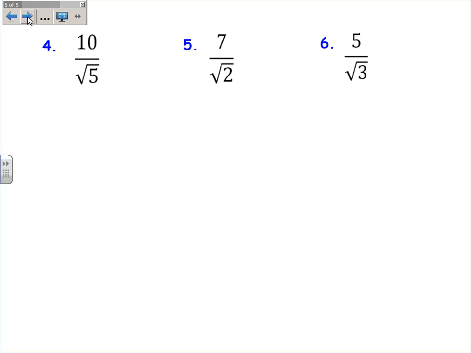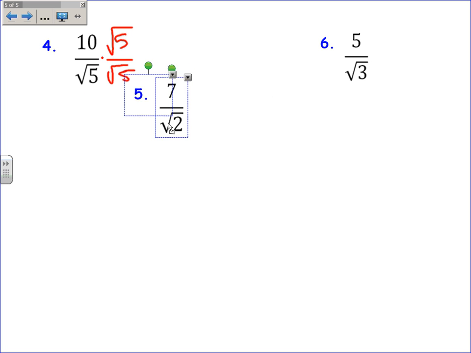Now, mathematicians don't like having a square root in the denominator. So the way we simplify here is by multiplying the top and bottom by the square root of whatever's down here. So here it's root 5 over the square root of 5. Let me kind of move these over so I have a little more room.